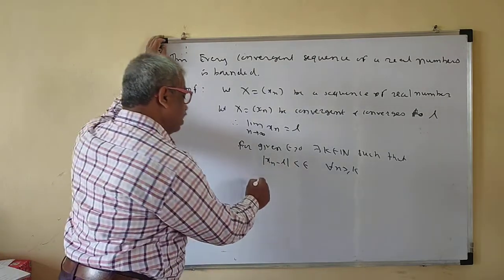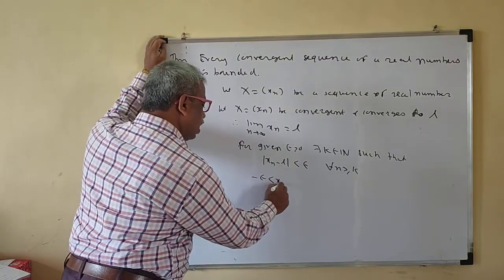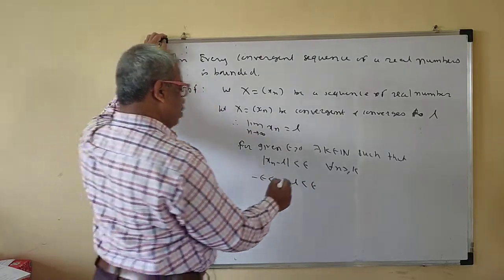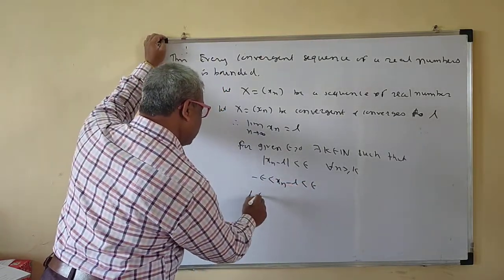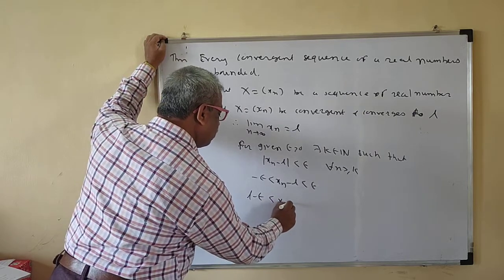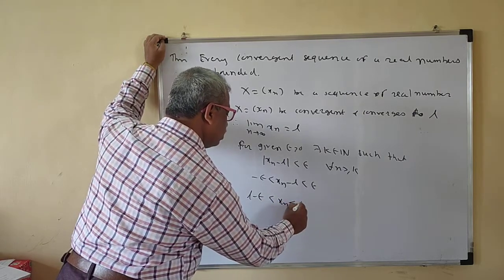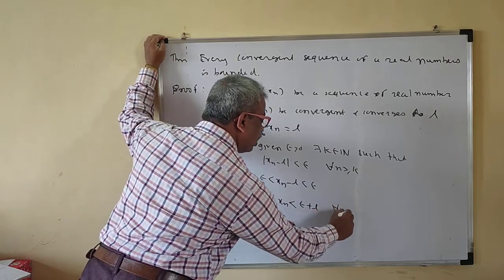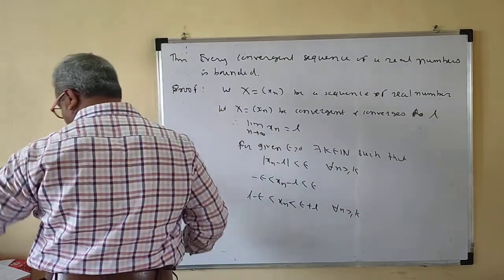So I can write this as minus epsilon is less than xn minus L is less than epsilon, that is, L minus epsilon is less than xn is less than epsilon plus L for all n greater than or equal to k.